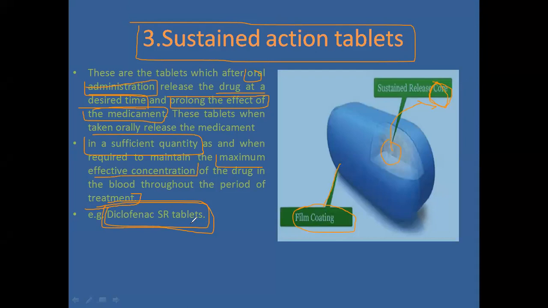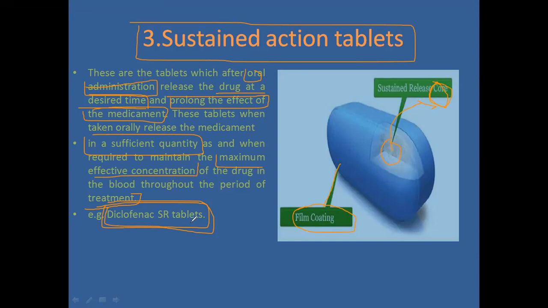What type of release pattern you want of a drug? Suppose you want a drug to be released after a certain time span, you can have that when you have sustained action tablets, and this whole thing is done with the help of polymers. Now we use certain types of polymers. If I want to prolong the action of my drug, I am going to use certain polymers.